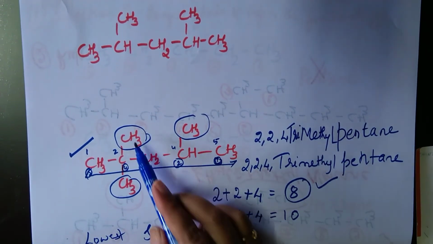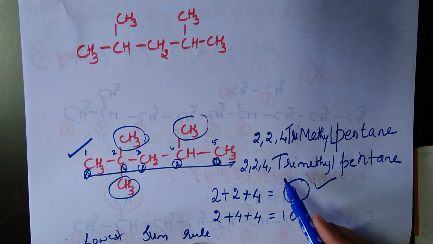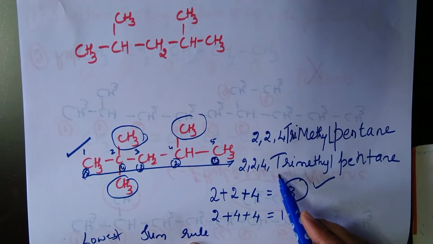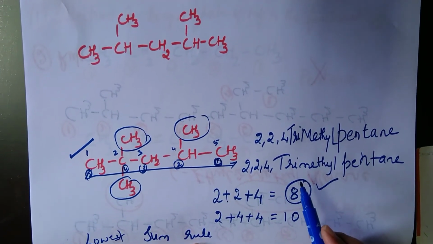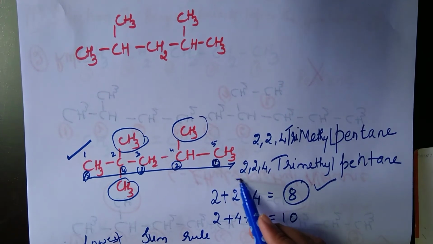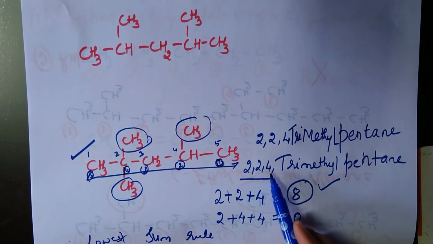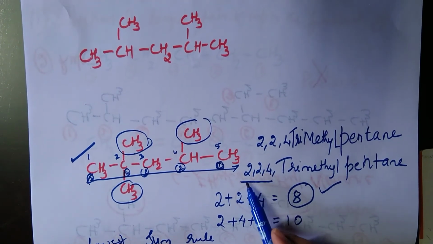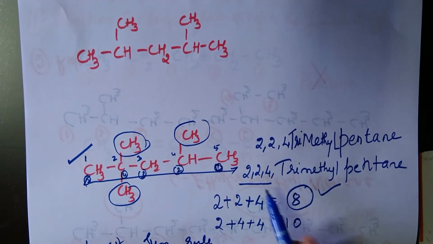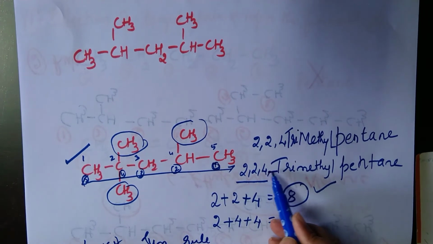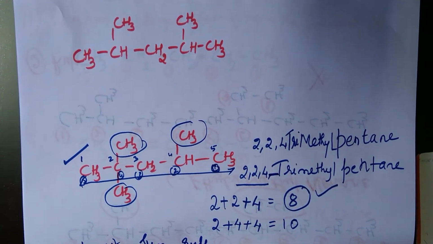Whenever you have the same kind of substituents, you have to use prefixes like di, tri, tetra, etc. Another important note: whenever a number is followed by a number, you have to use a comma, and a number followed by a word, you have to write a dash.